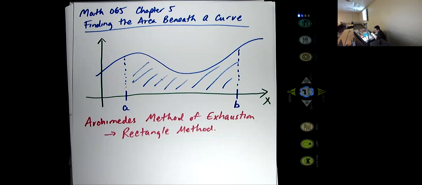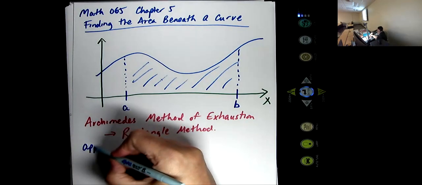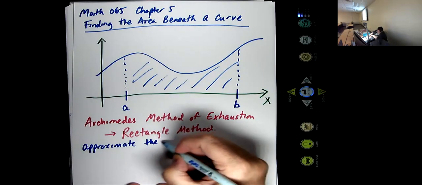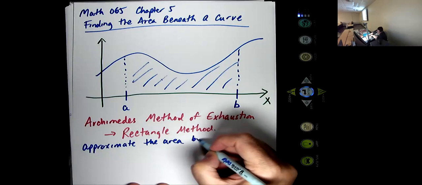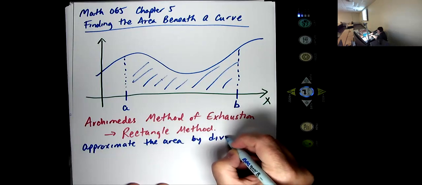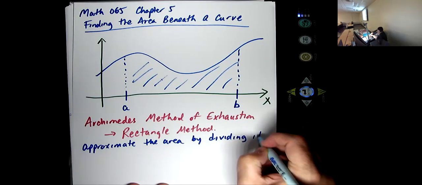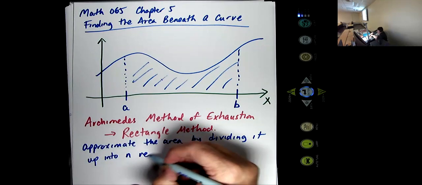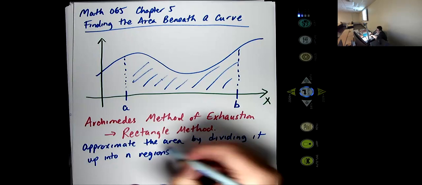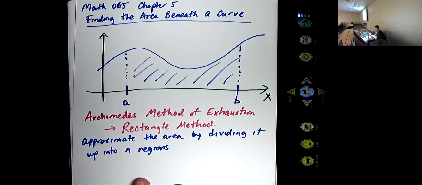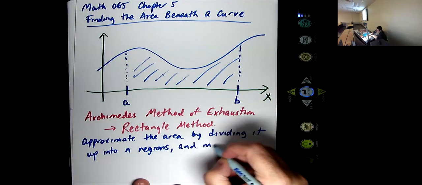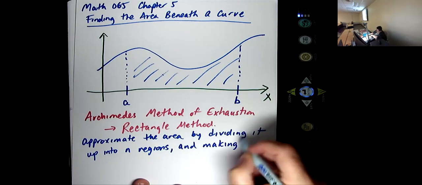So we can approximate the area by dividing it up into n regions, and making a rectangle using the curve for the top.